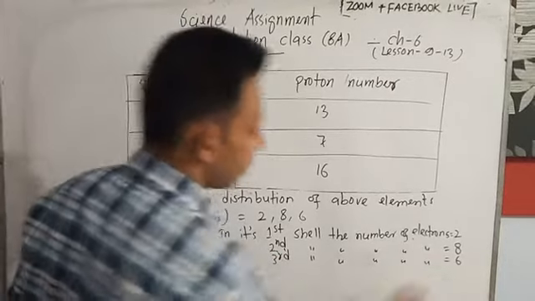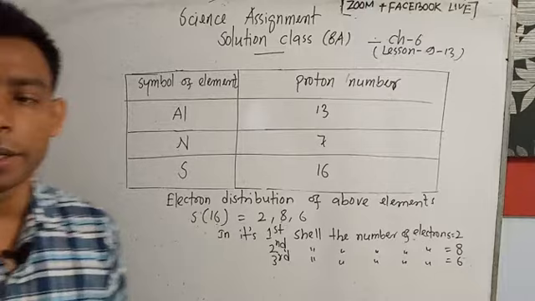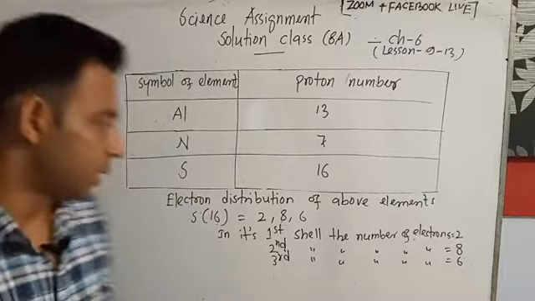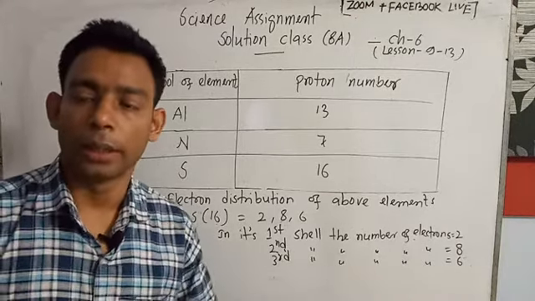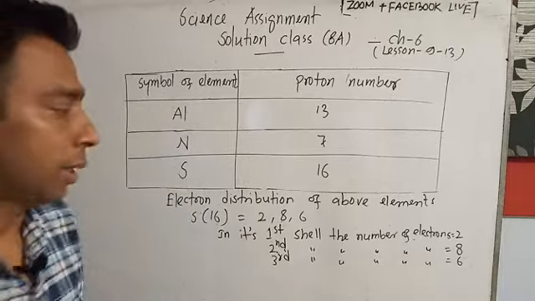And finally, after writing this pattern of electron distribution, you can write below how we can find out the maximum number of electrons present in a shell.